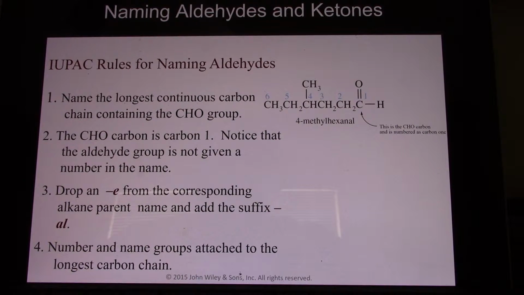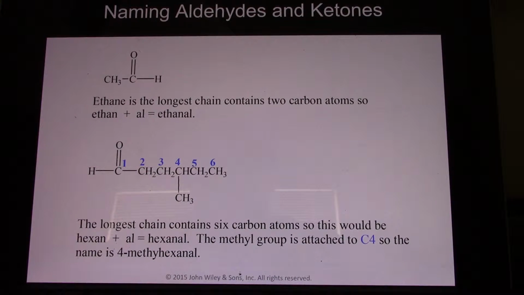Notice that the aldehyde carbon is not given a number in the name because it has to be at carbon number 1. Aldehydes are always at the ends of a molecule, and that's where you start counting. Ethane is the longest chain that contains 2 carbons here, so this ethane becomes ethanal.